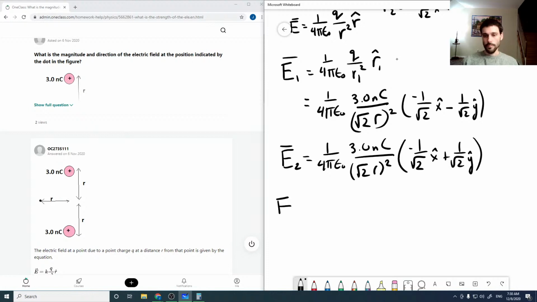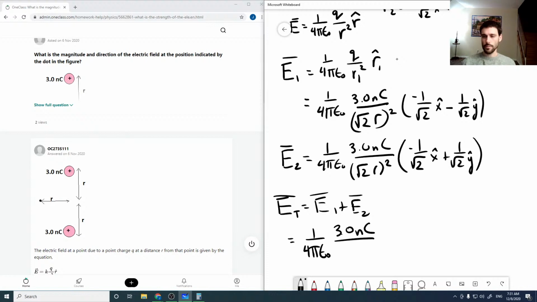Now our total is just the sum, so we just add these up. So we're going to pull out the like terms, which is all this stuff, 3 nanocoulombs.